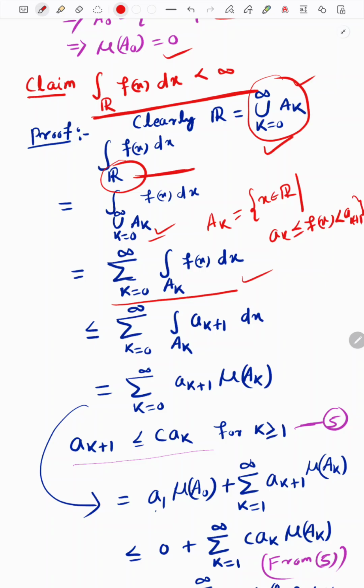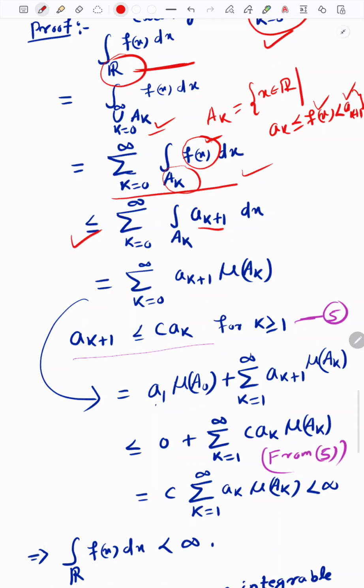So if you observe the definition of the set AK, you can find that the f of x value is always less than AK plus 1, but on the set AK. Here our integration is over AK. So here this f of x can be dominated by AK plus 1. So in the next step we replace that f of x by AK plus 1. So the less than or equal to sign is coming. Okay. So I hope that it is clear.